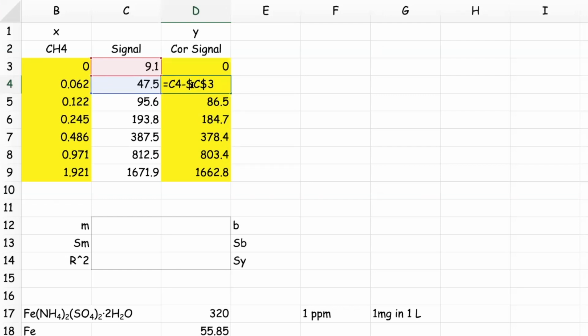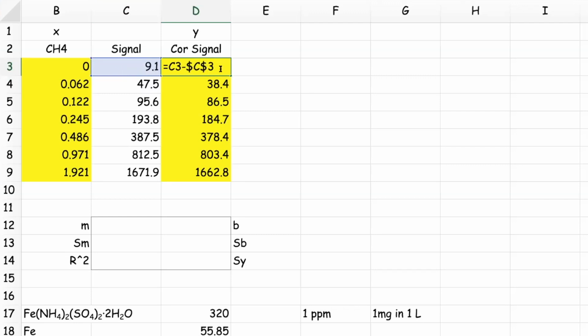So by putting a $ sign before and after the C, you tell the equation that that particular cell is not going to deviate when you do a progression of calculation. Okay, that's key. So that's what you need to include in this formula.